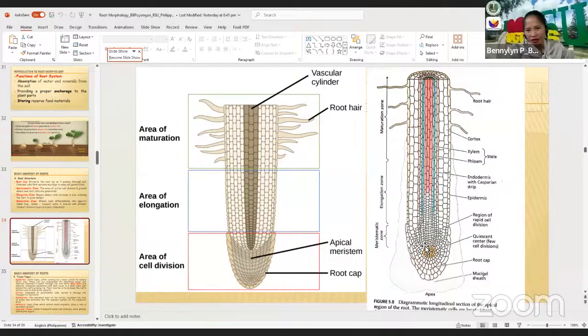We have another illustration here on the right side. We have the mucigel sheath showing how the mucilage is discharged by the root for easier root penetration. And then the specific tissues: the epidermis, the endodermis, the cortex, and of course the xylem and phloem, which are sometimes part of the stele.